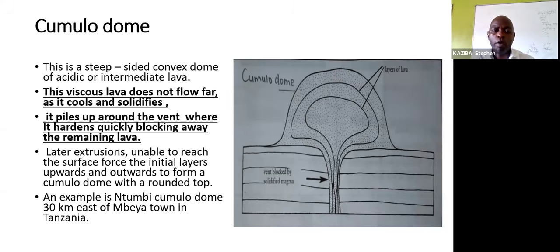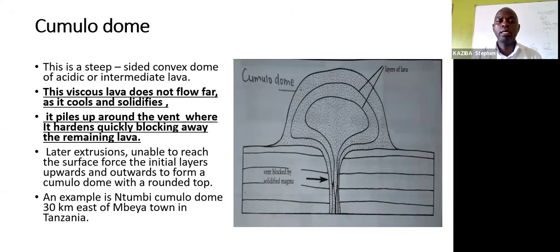Now, what happens when another eruption occurs? The outer part will widen as new material enters into the center of that round dome, and it keeps growing bigger and bigger to form a tumulodome.